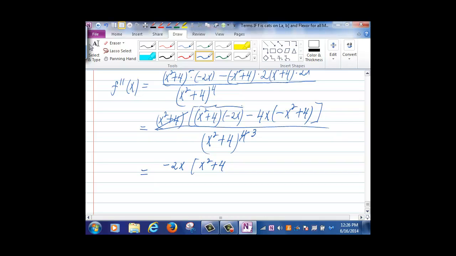X squared plus 4, and then minus, since I am factoring out negative 2x, I'm going to get a positive 2, just positive 2, right? And then multiplied by negative x squared plus 4. I should have done that before, but let's do it now.